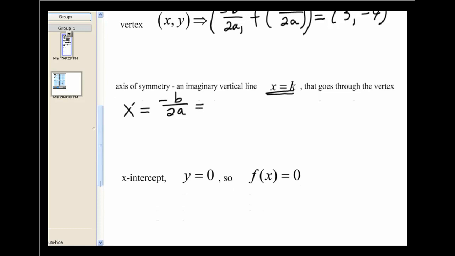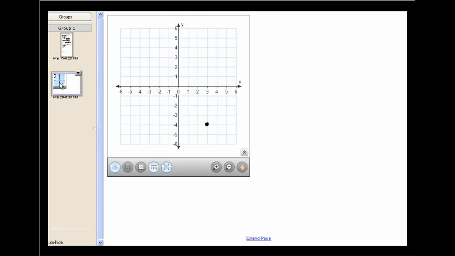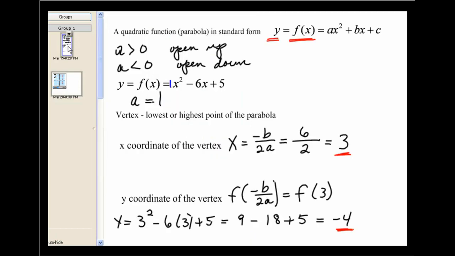And in our example here, opposite of b over 2a was 3, so the equation for the axis of symmetry is x equals 3. So we're going to draw a dashed line to represent this imaginary line, this axis of symmetry that goes through the middle of the parabola.